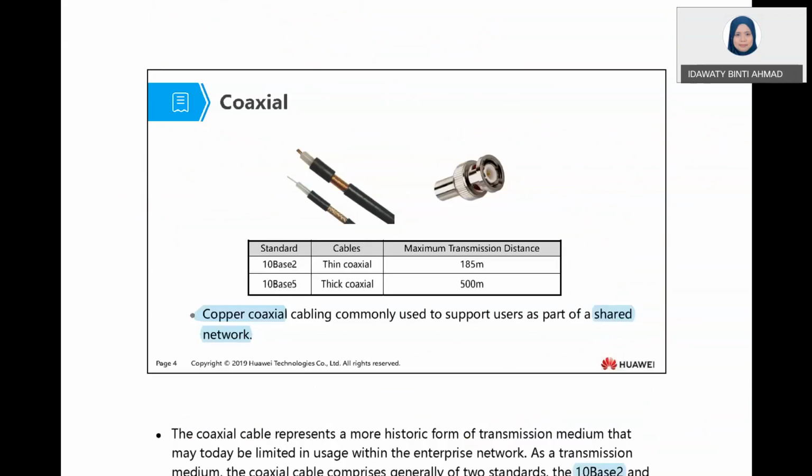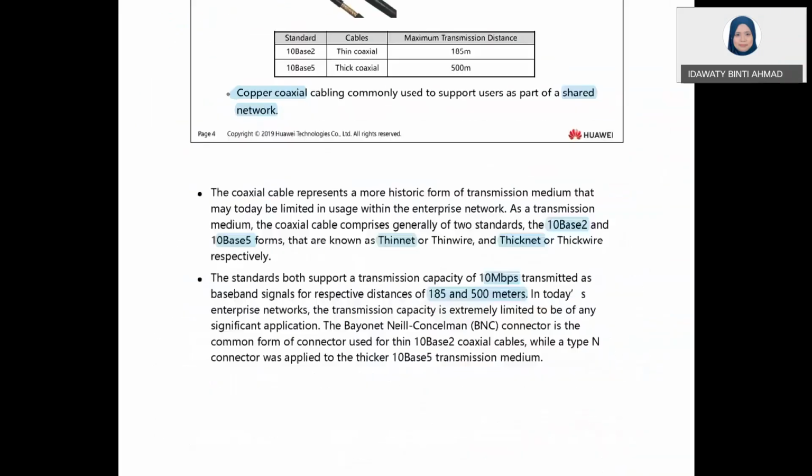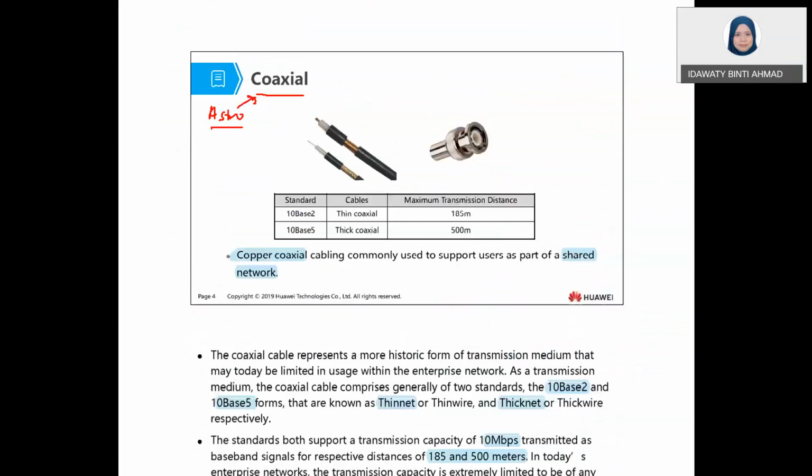This slide starts with the coaxial cable. For the Malaysians, I guess when you watch Astro, the cable used by Astro is coaxial. In this example, I hope you know the structure.